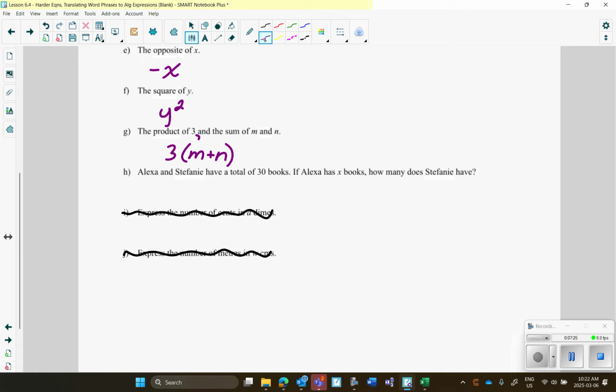So you subtract x. Just write that, that's it. Because remember, together they have 30. So if you've got X, I've got the total minus yours, or 30 minus X. Good. Okay.